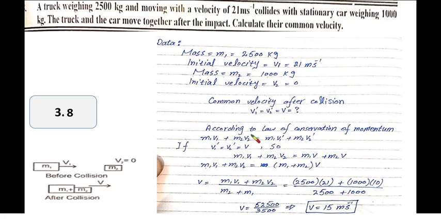So according to law of conservation of momentum, we know that m1 v1 plus m2 v2 is equal to m1 v1 prime plus m2 v2 prime, which means after the collision their velocities will be v1 prime and v2 prime.